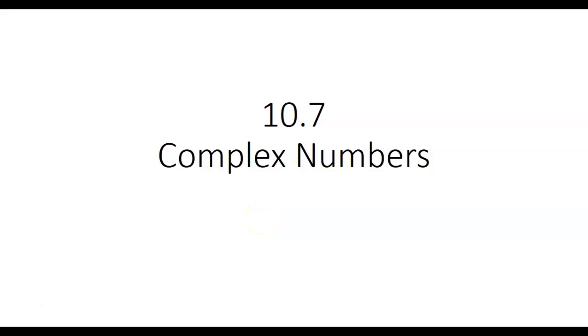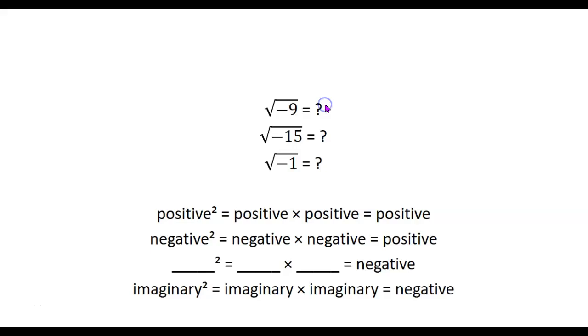Okay, last section of chapter 10 is about what are called complex numbers. We already know that there's a problem when you try to take the square root of a negative number, like the square root of negative 9, or the square root of negative 15, or the square root of negative 1.